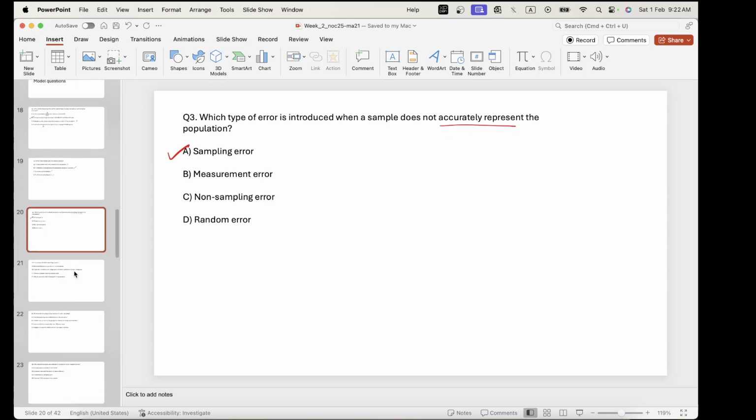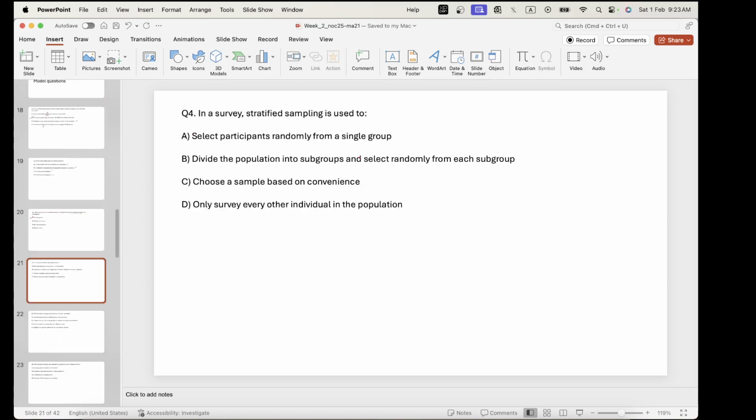Alright, the next thing, in a survey stratified sampling is used to, the option is B, divide the population into subgroups and select randomly from each group. So we have an entire population P which could comprise of, let's say, Q subpopulations.